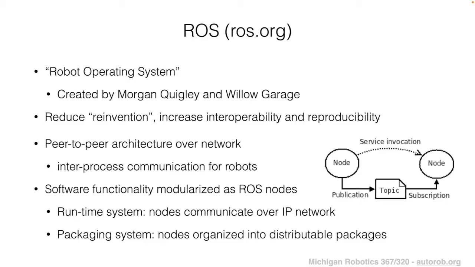Within that, we have a number of different processes running. The software itself within ROS is modularized as what are referred to as ROS nodes. We can think of a ROS node as the core functionality of one specific piece of this collective operating system. These nodes communicate with each other over this network.